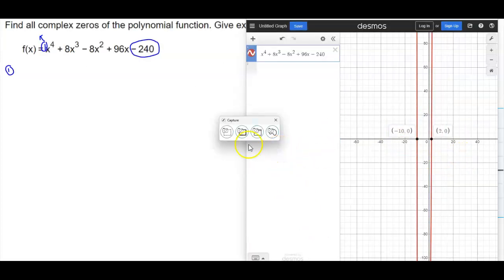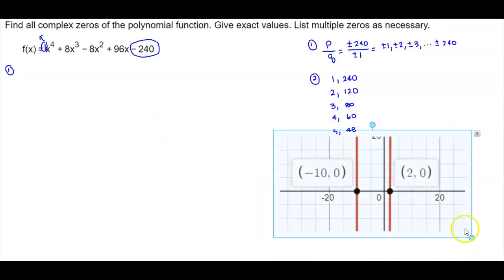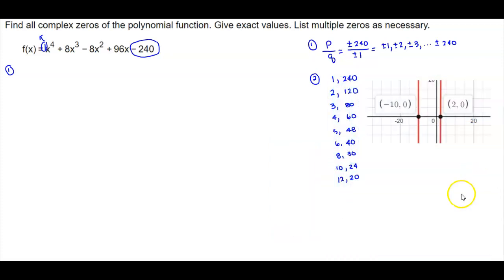So by just graphing this, we've determined that these two are zeros of the function. 2 is one of the zeros of the function, and so is -10, because remember, this is plus or minus. Just to confirm that we get a remainder of 0, we're going to plug that in.